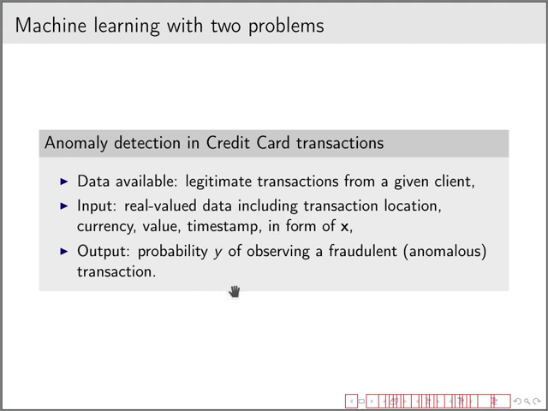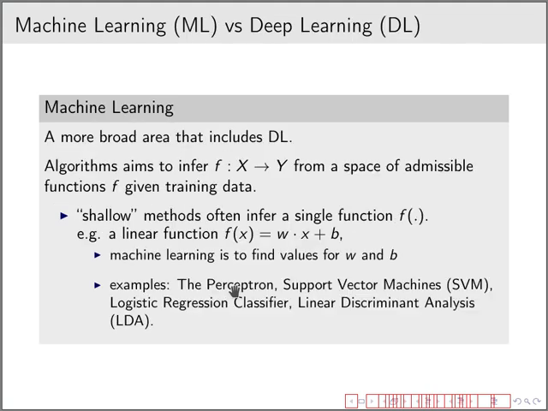See that now we have f. f will take us from this 4-dimension vector into a probability. It is also a problem that can be solved by machine learning, but we are now seeing it in a different way. So machine learning is a broad area that includes deep learning.